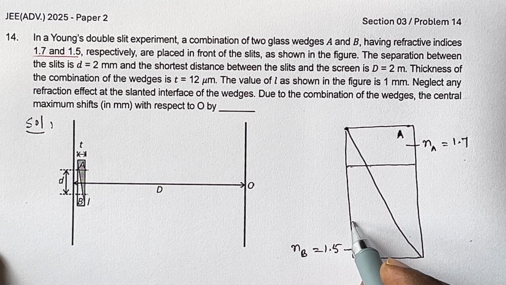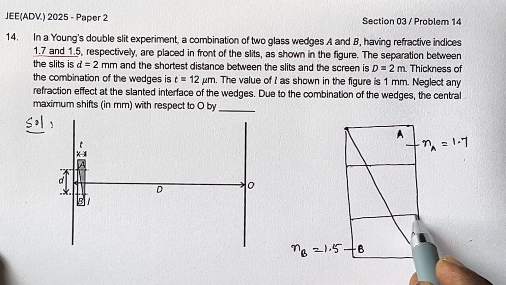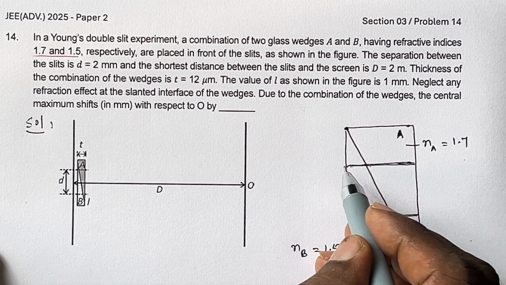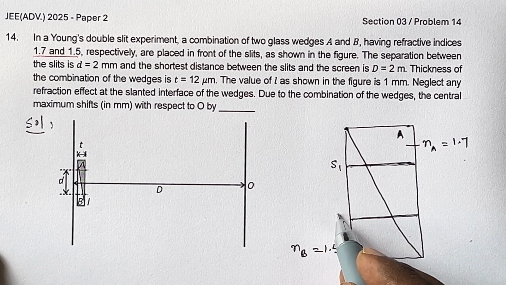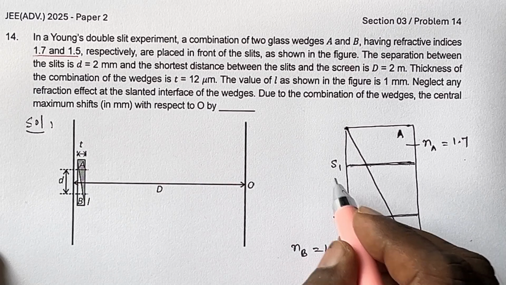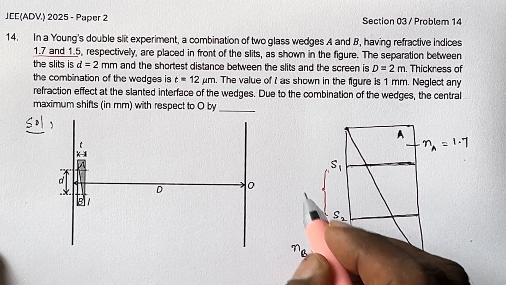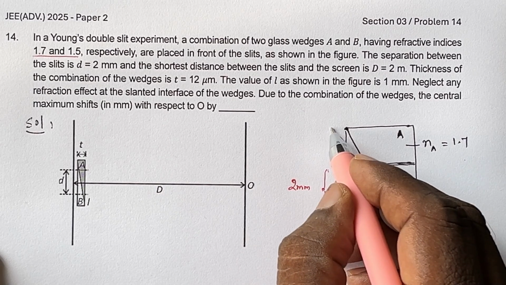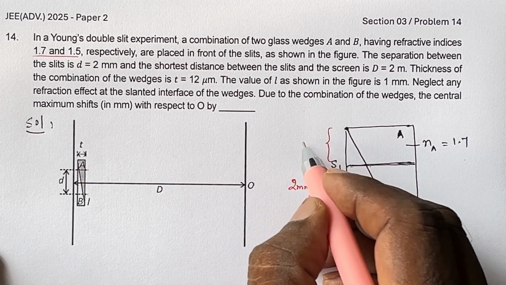and this is the position of slits S1 and S2. The distance between slits is given as 2 millimeter. From the upper edge of the wedge to the first slit is 1 millimeter.